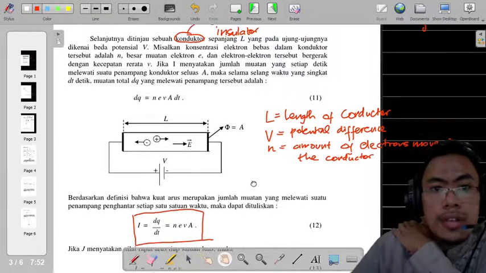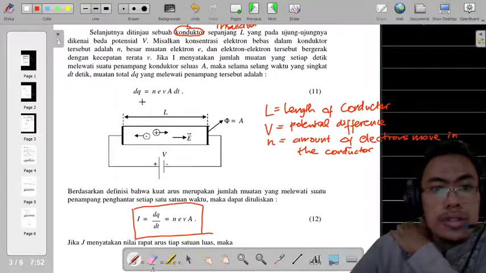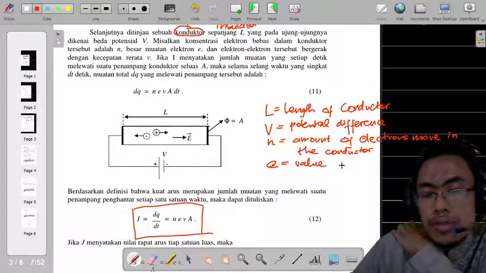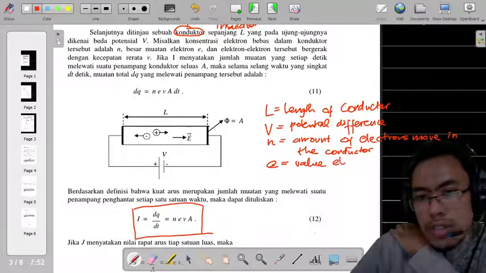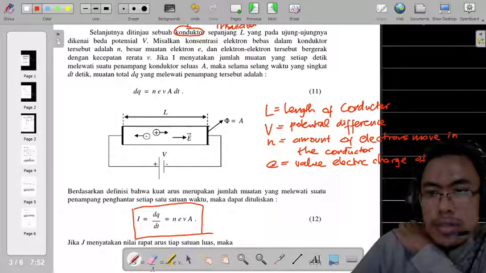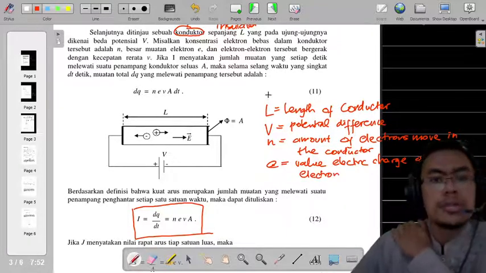And then e is the value of the electric charge of a single electron.